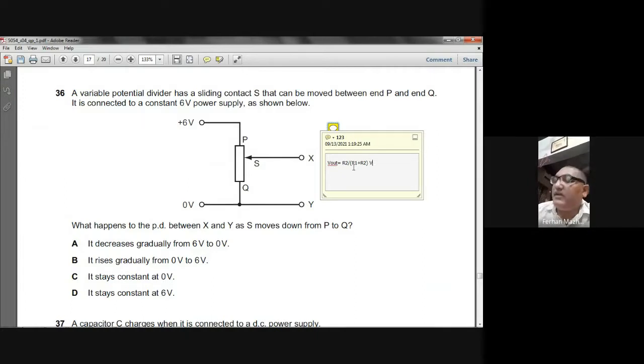So that's the formula of the potential V out from the R2.